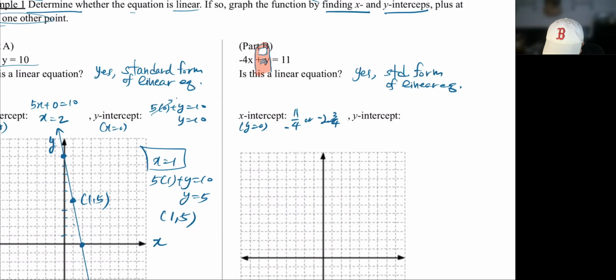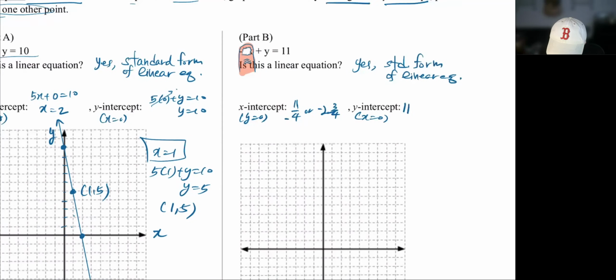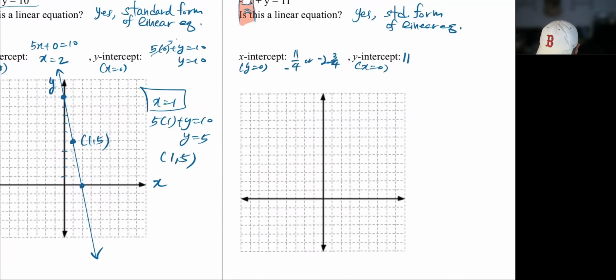And now using the finger method, what is the y-intercept? You get the y-intercept when x equal to 0, right? So we put the finger right above x and the number in front of it, and we're left with y equal to 11. There you go. Okay, so now let's draw this picture, right?